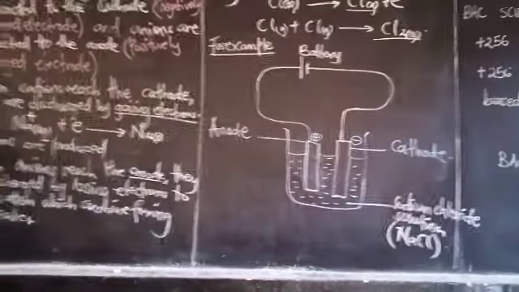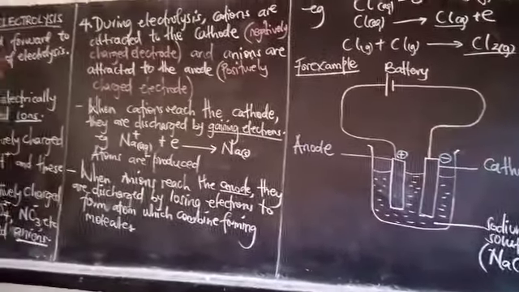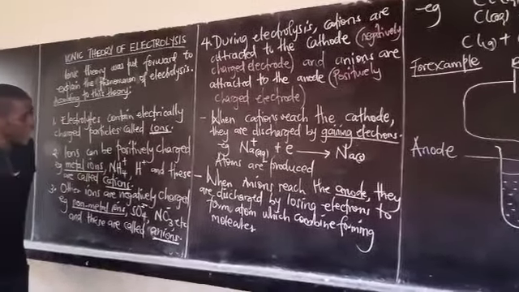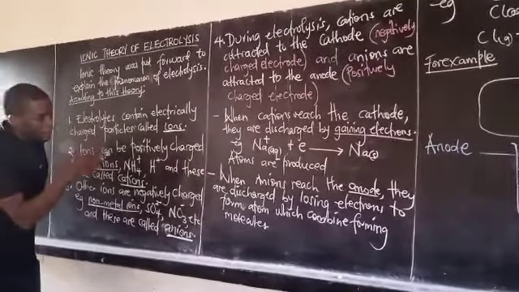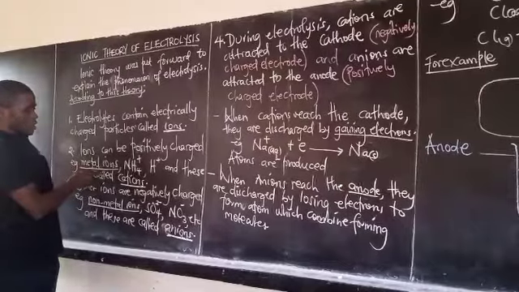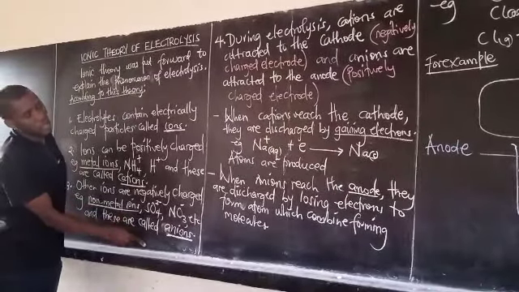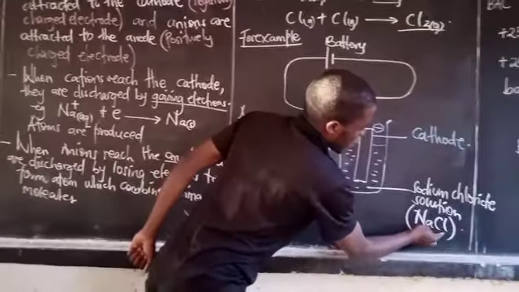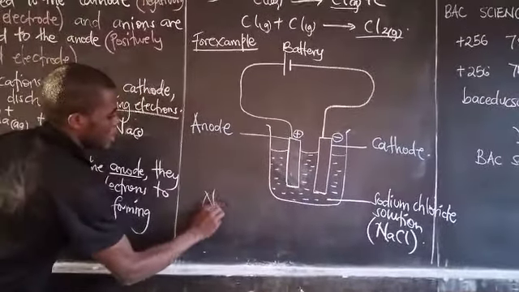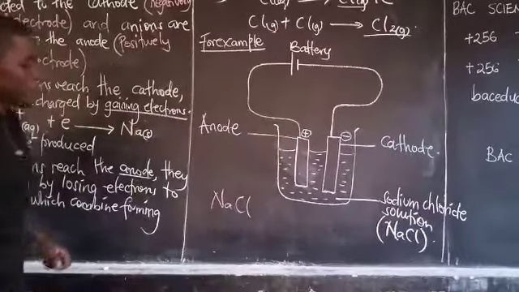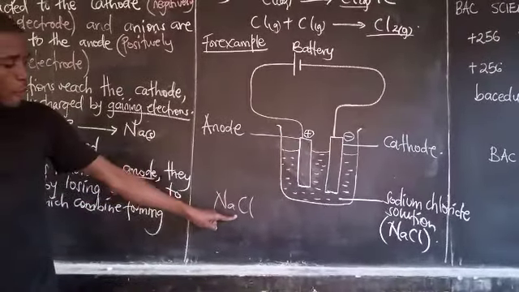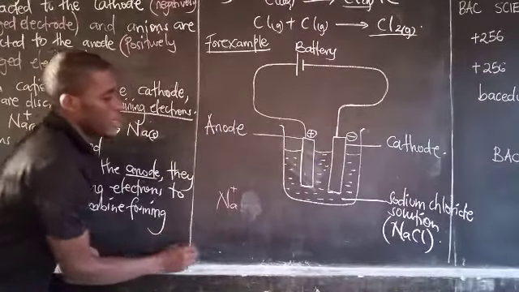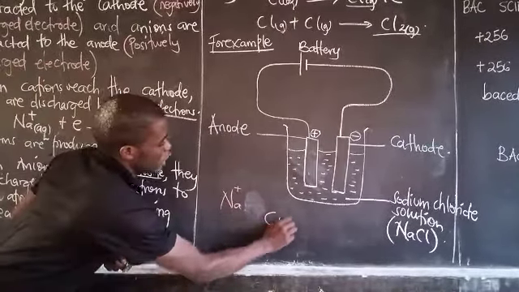This electrolyte, according to the ionic theory of electrolysis, contains ions. Some of them are positively charged, some of them are negatively charged. We have an electrolyte, sodium chloride, NaCl, and we say that when this is in solution form, the sodium ion is independent of the chloride ion.